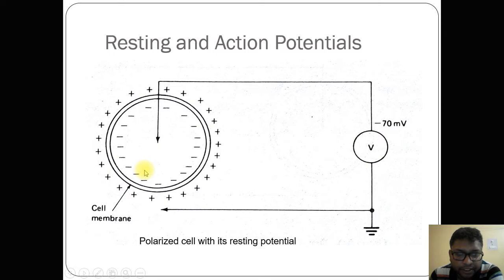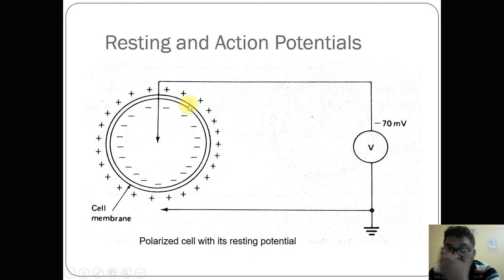Initially, the K+ channels are open and K+ goes inside, and the Na+ channels are closed.